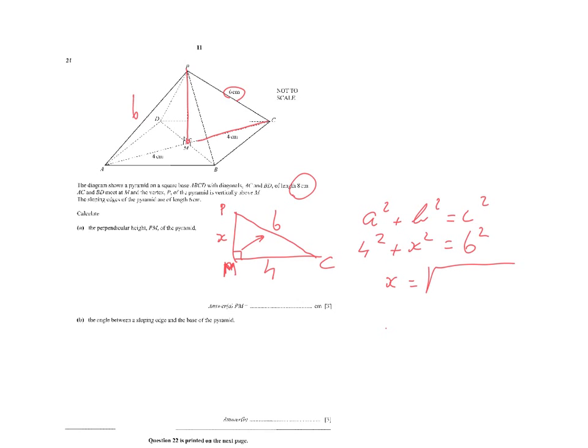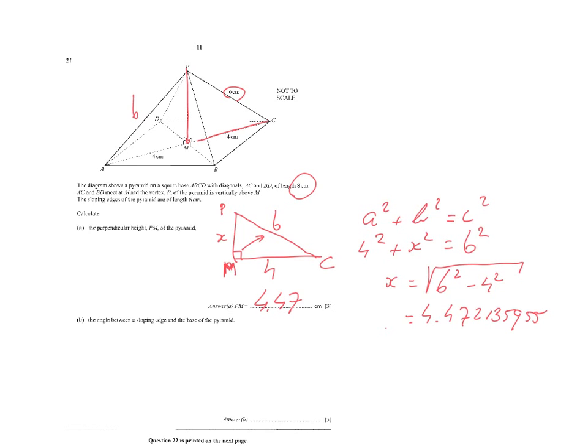So X is going to be the square root of 6 squared minus 4 squared. Yeah, and that is 36 minus 16. Well, that is 20, of course, I knew that. So the square root of 20 equals, I'm going to write down all my decimals, 4.47213595. So 4.47, corrected to 3 significant figures.